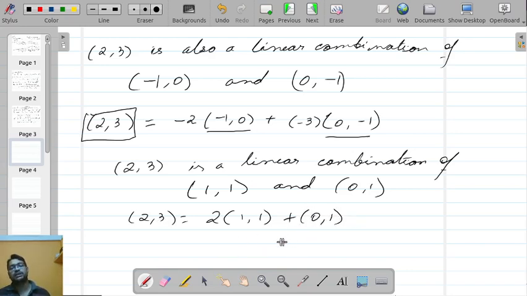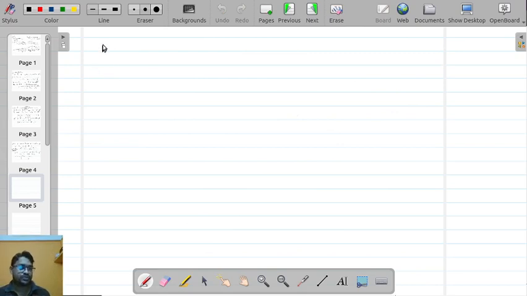Here lambda 1 is 2 and lambda 2 is 1. In the previous case lambda 1 is -2 and lambda 2 is -3. That's how we write linear combinations of vectors.